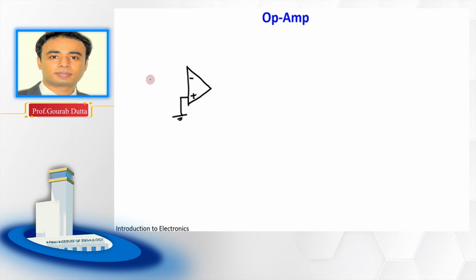Earlier at the input we had the resistor. Now we will place the diode at the input, and in the feedback path we will place the resistor. This is R, this is the diode, this is the input voltage Vi, this is the output voltage V0.